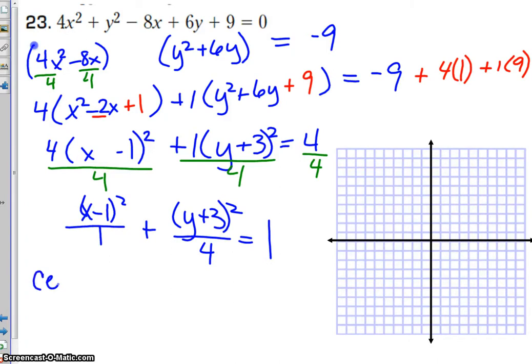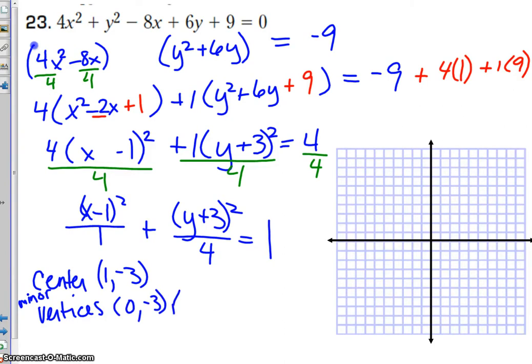I know that my center is at 1, negative 3. I know that affecting my x-axis from my x vertices is going to be the minor. All right, and it's going to be 1, square root of 1 is still 1 in either direction. So it's going to be 0, negative 3, and 2, negative 3.